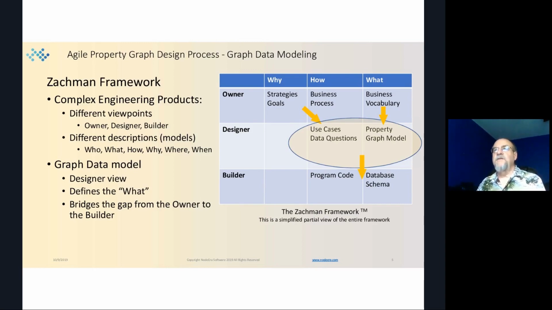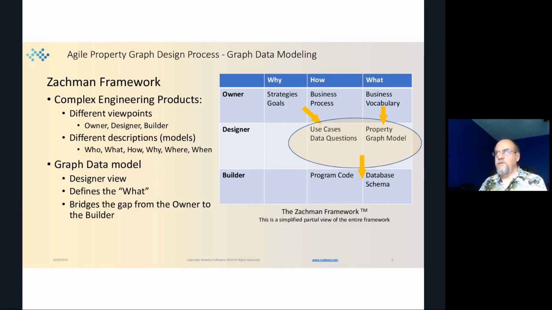At the designer level, we bring that down to a greater level of detail, and really we want enough design detail that we can hand it to the people who actually build the systems and have them be successful. So he recognized that you have to have these different layers represented.